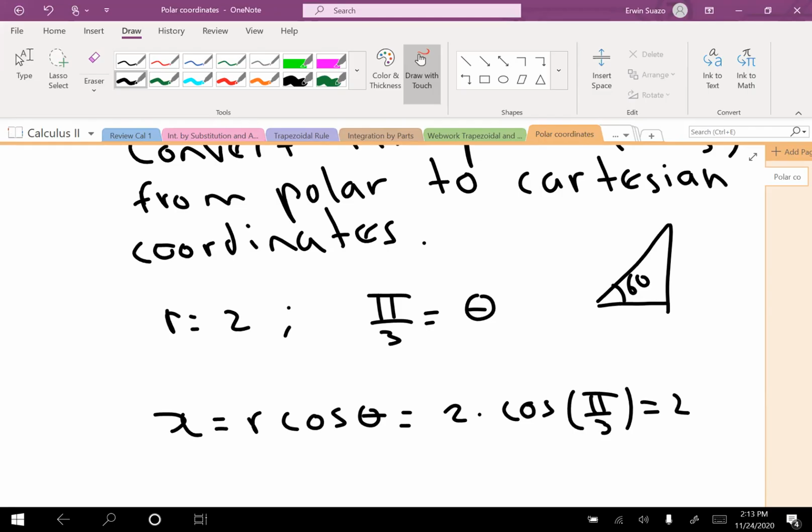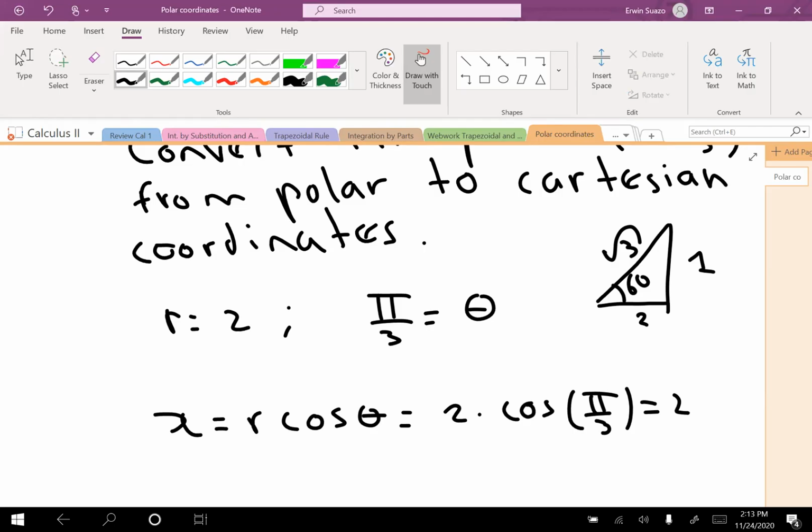You guys remember how to do 60 degrees? I think, if I'm not wrong, the sides are square root of 3, 1, and 2. Is that right?